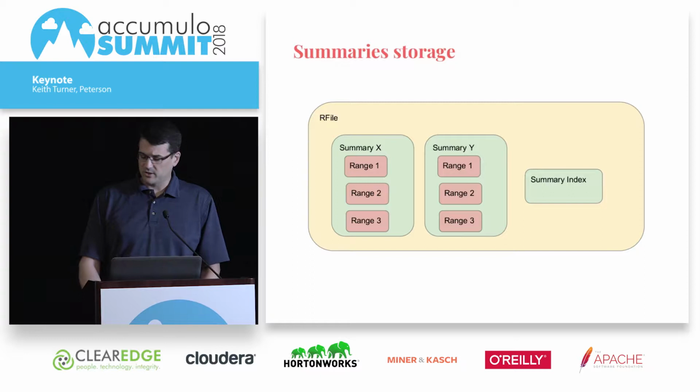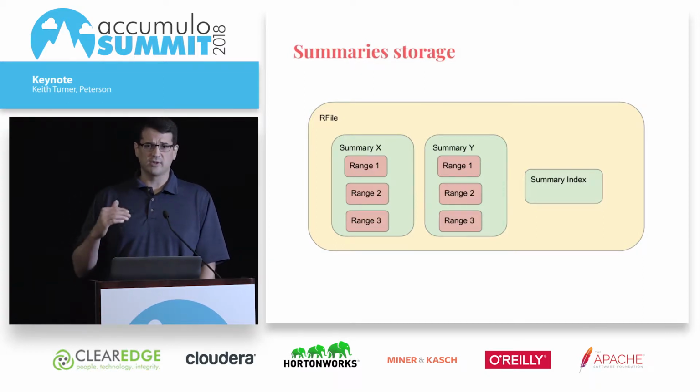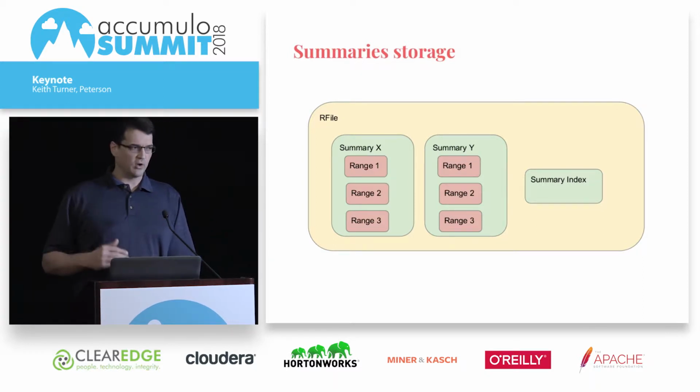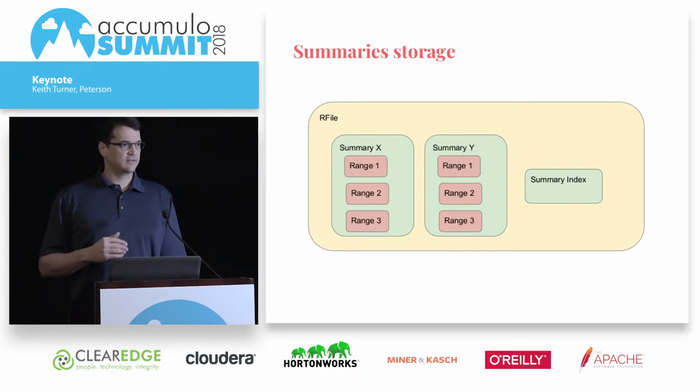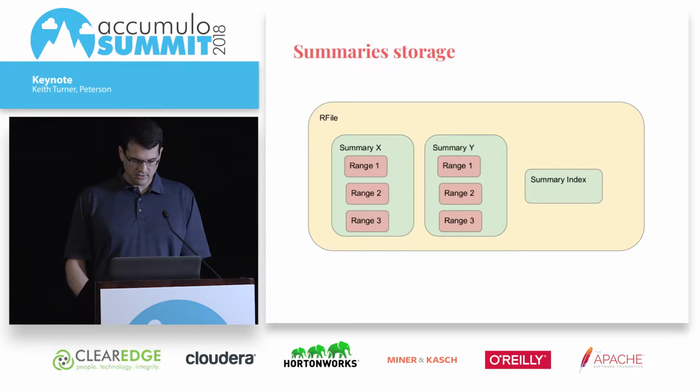This just shows how summaries are stored in an R file, and the fact that an R file can have multiple summaries in it. And also the summaries, they're not for the whole R file, they're for row ranges. So each R file can have multiple summaries, and then each summary can cover multiple row ranges.